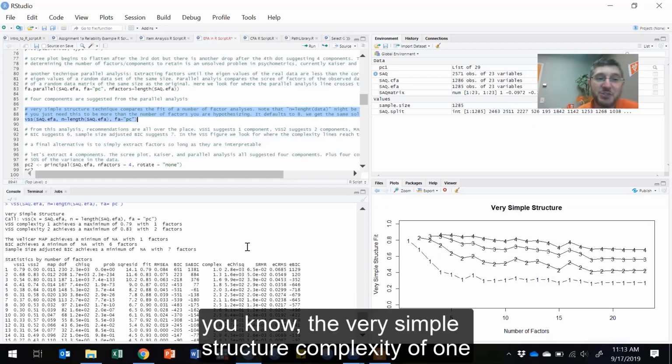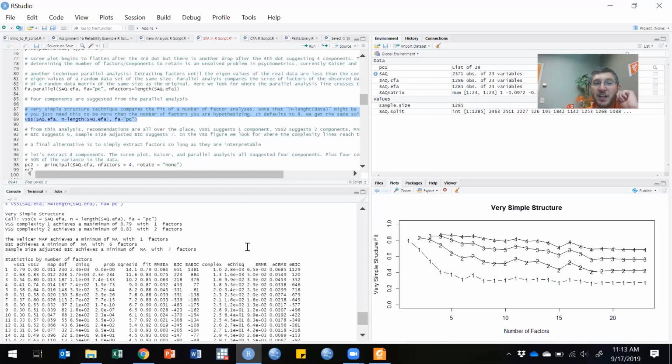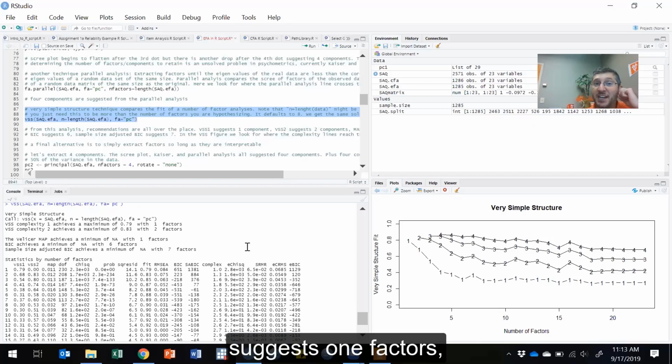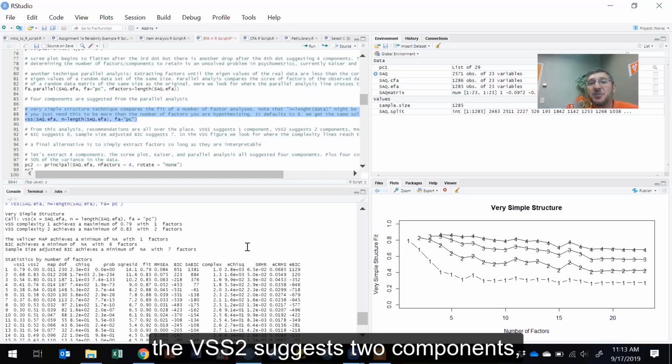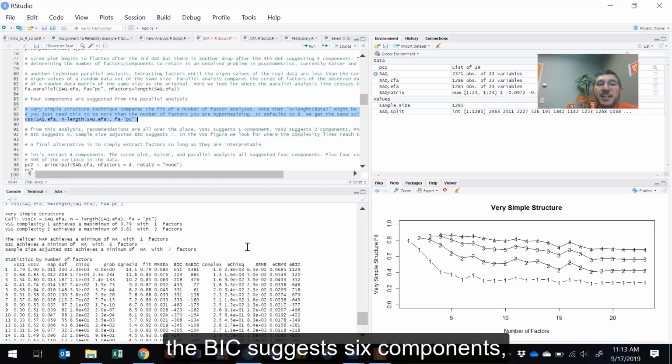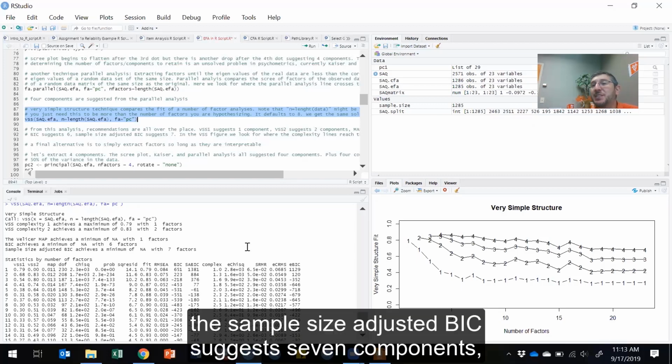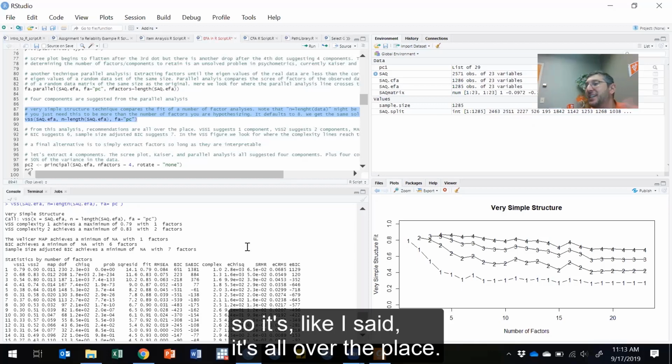The very simple structure complexity of 1 suggests 1 factor. The VSS2 suggests 2 components. The BIC suggests 6 components. The sample size adjusted BIC suggests 7 components. So, like I said, it's all over the place.